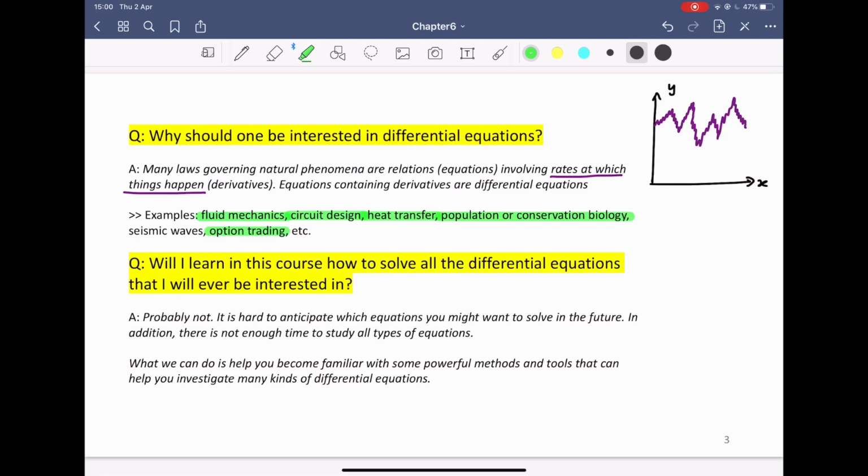Another question is, will I learn in this course how to solve all the differential equations that I will ever be interested in? The answer is no. In this class, we are going to learn only some easy forms that you can solve by hand. In reality, you may have to face a differential equation that you cannot solve by hand, and you have to use a computer to help you solve it, or you may have to just approximate it by using numerical methods.